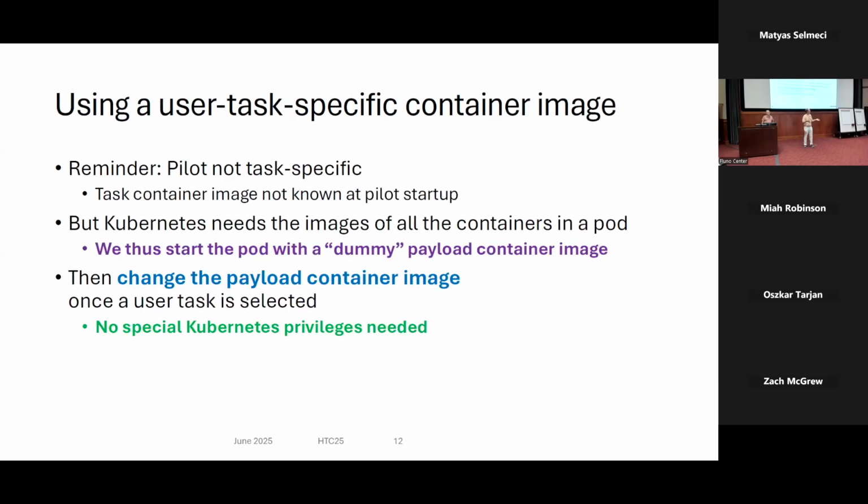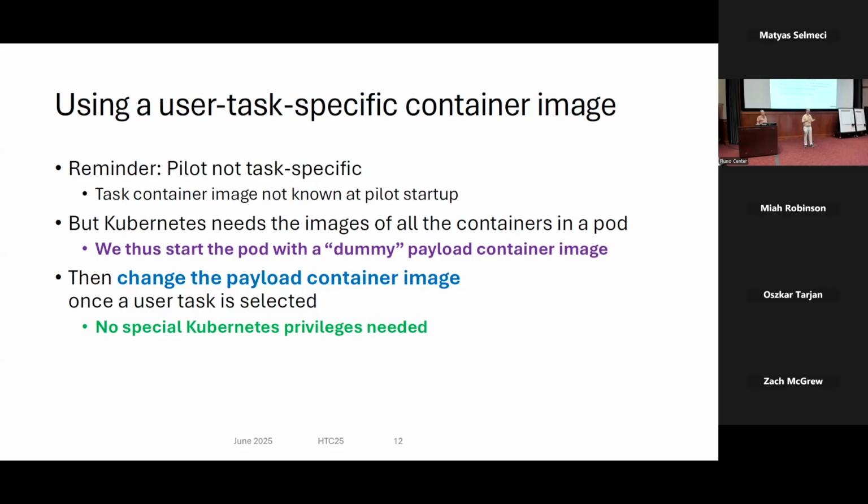Now, as I said, I don't know in advance what job I will run, what payload I will run when I submit a pilot. But a pod, when it's created, needs to know all the container images that will be part of that pod. How do we solve this?